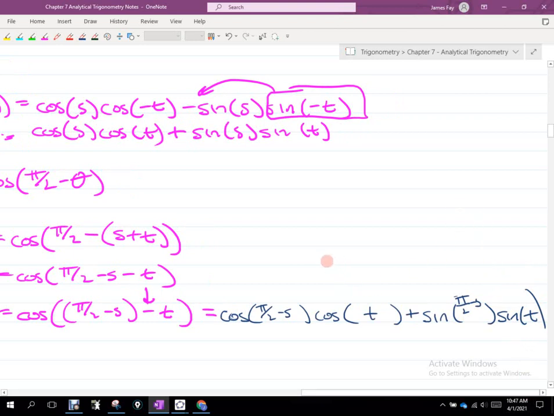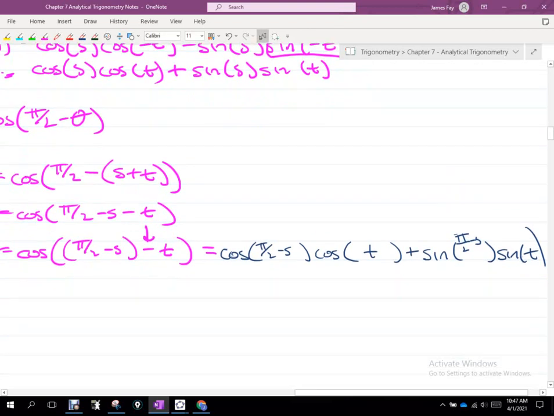Now, just to make things easier on ourselves, because we could use the difference formula again, let's do it this way, because this will be more direct.